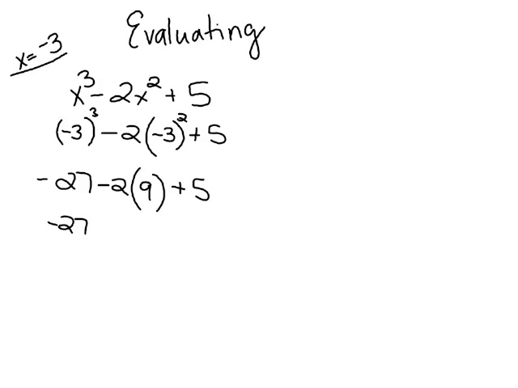So -27, and 2 times 9? 18, plus 5. And then I just add and subtract. So what do I come up with? What's -27 minus 18? -45. -45 plus 5? -40.